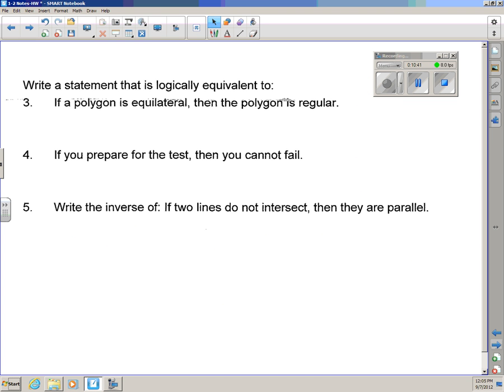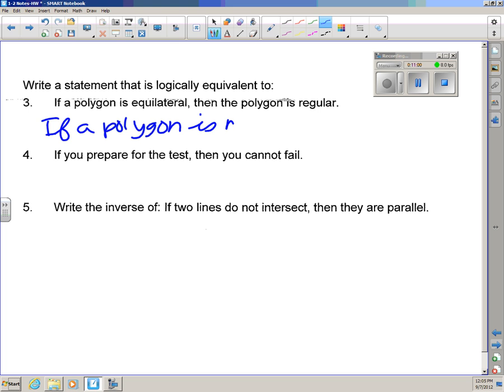Okay, we've got these last couple things here. Write the statement that's logically equivalent. If a polygon is equilateral, then the polygon is regular. So if we want to be logically equivalent, we're looking to do the contrapositive, which we would write then: if a polygon is not regular, then it is not equilateral.